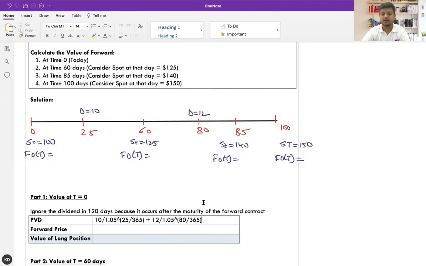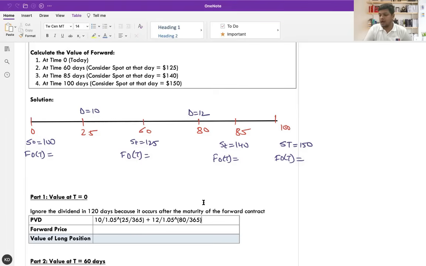Are you getting it? Now, how are you going to do it in your calculator? So first thing first, you will do 1.05 raised to. Now, there are two ways. A lot of people do 25 divided by 365, but that can end up in a problem. So what you should do: 1.05, press y to the x. Done that?